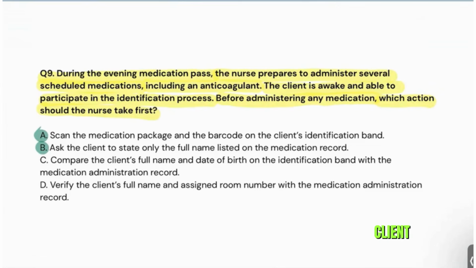Letter B, ask the client to state only the full name listed on the medication record. Letter C, compare the client's full name and date of birth on the identification band with the medication administration record. Or letter D, verify the client's full name and assigned room number with the medication administration record. Pause the video.